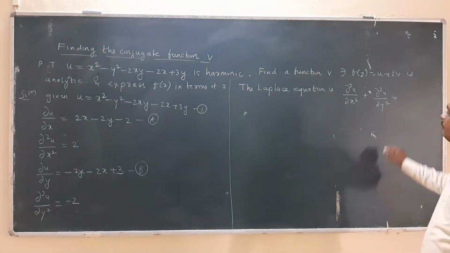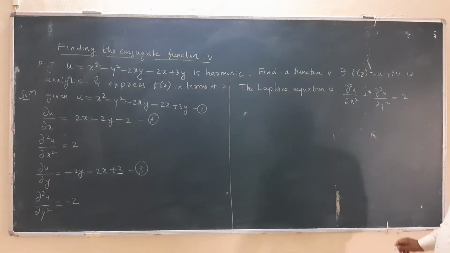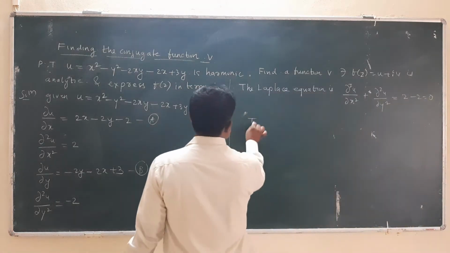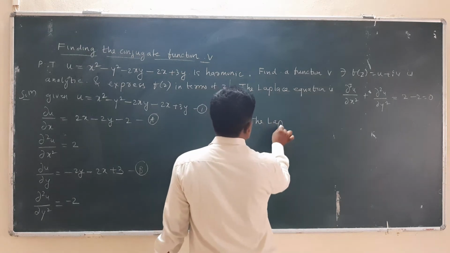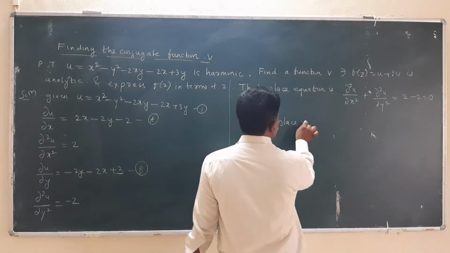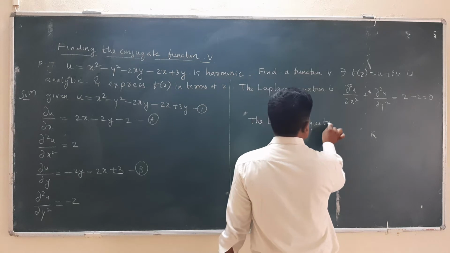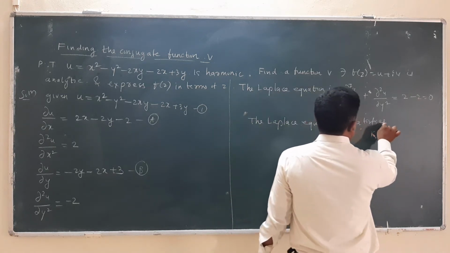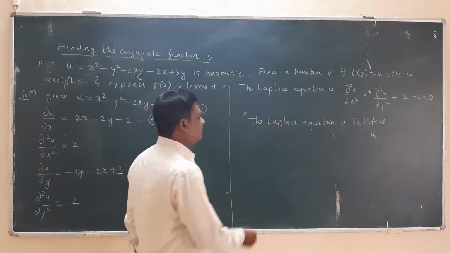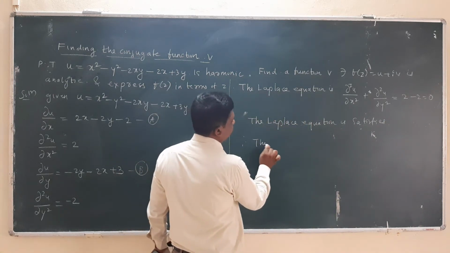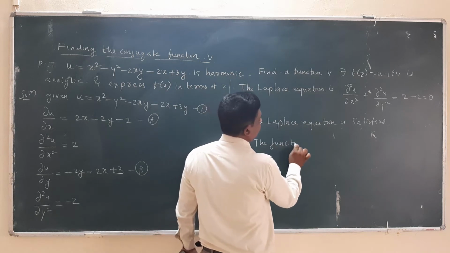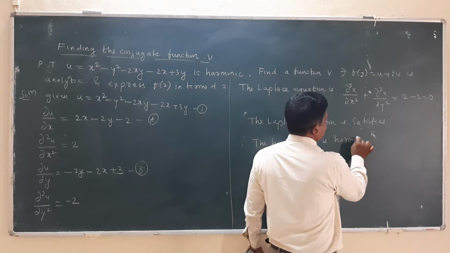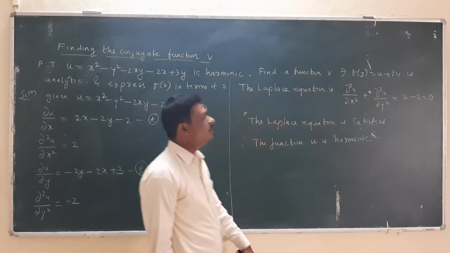Here dou square u upon dou x square is 2 and dou square u upon dou y square is minus 2, that is 0. The Laplace equation is satisfied. Therefore, the function u is harmonic.